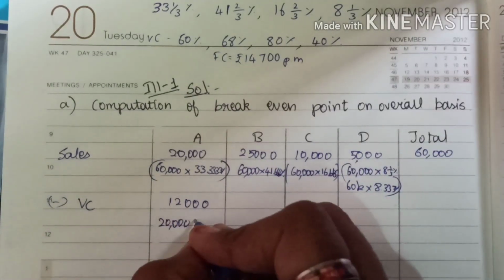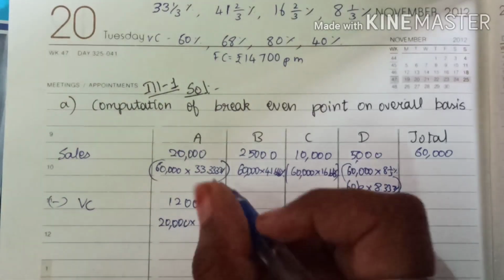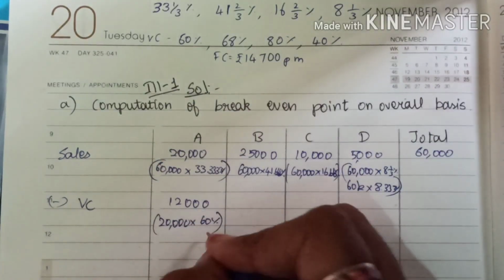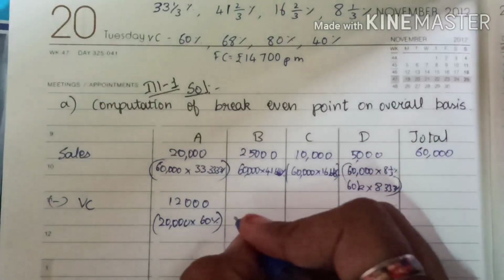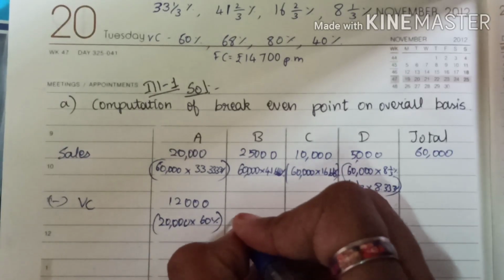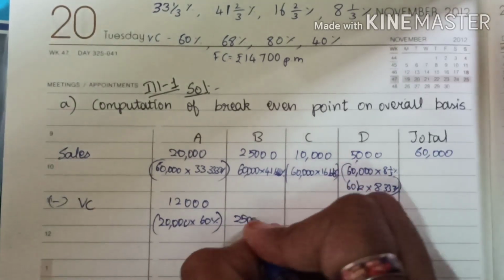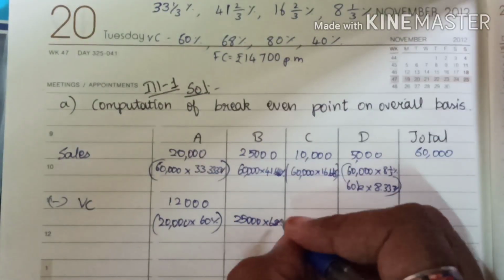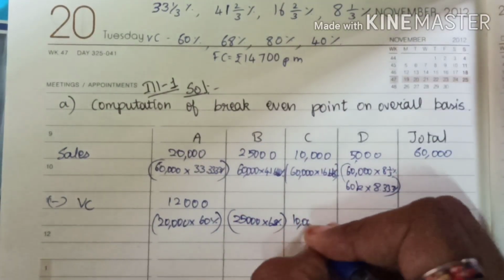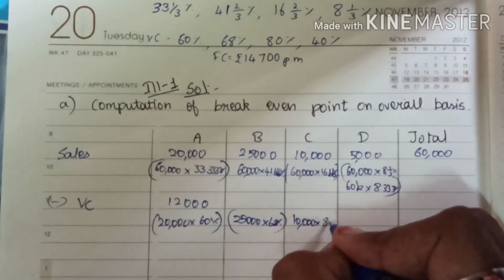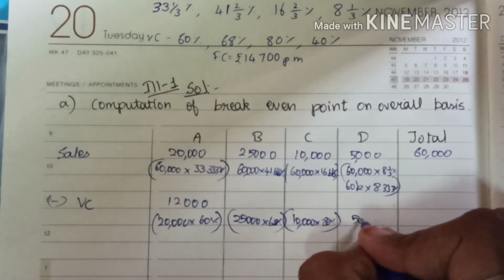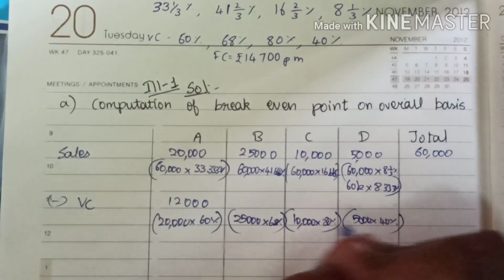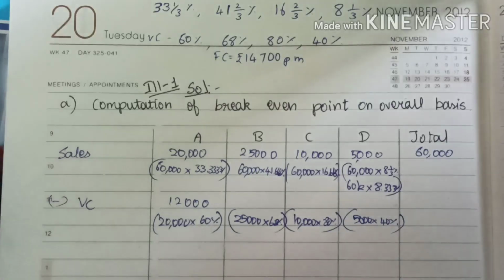You can see here the percentage of variable cost, and likewise you do for B, C and D. That is 25,000 into 68%, and then 10,000 into 80%, 5,000 into 40%. First you write like this, and then you calculate.